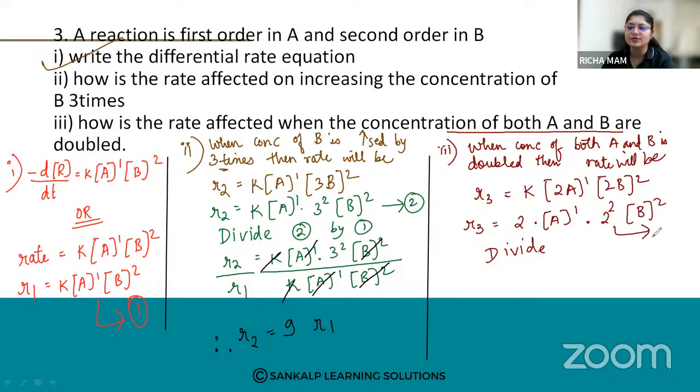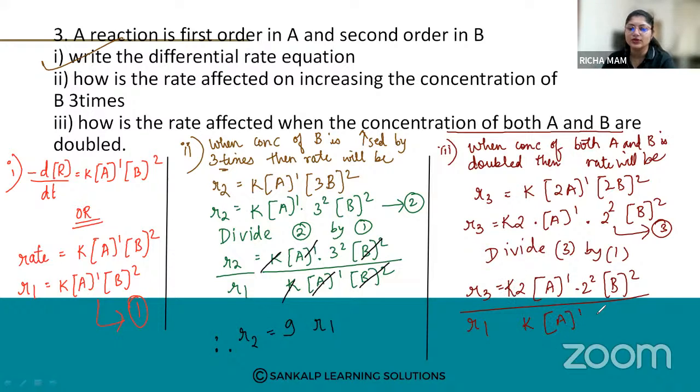Now this is equation number 3. So divide 3 by 1. R3 is equal to 2 into A raised to 1, 2 squared B raised to 2, and this is R1, which is K into A raised to 1 and B raised to 2.